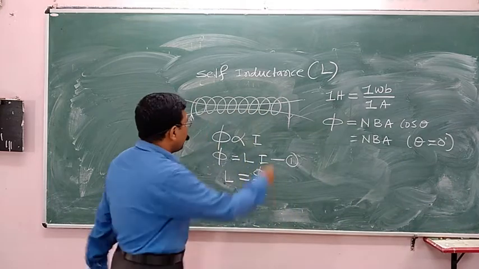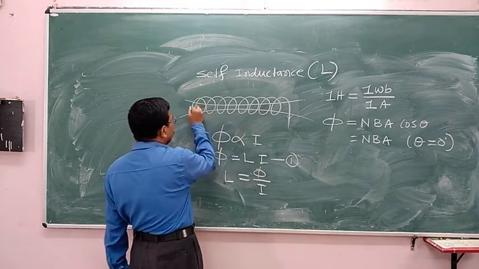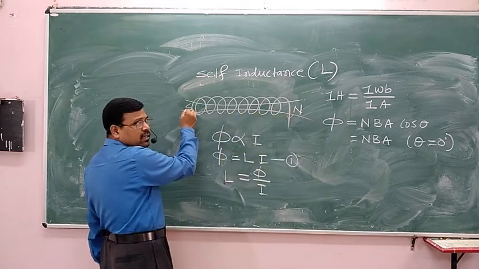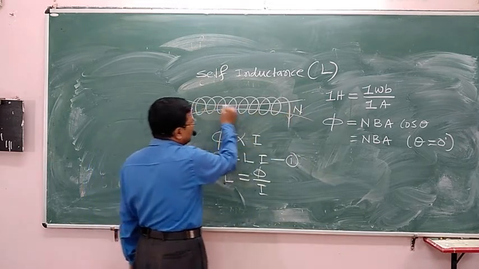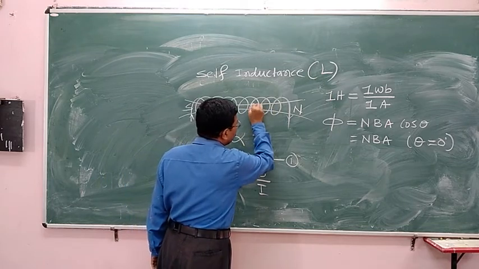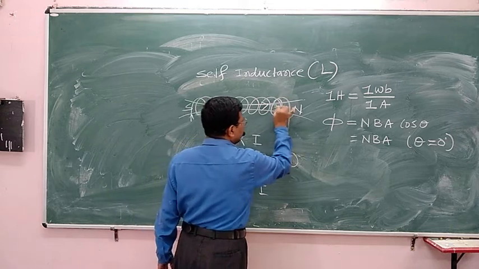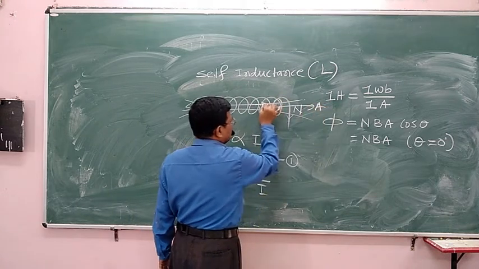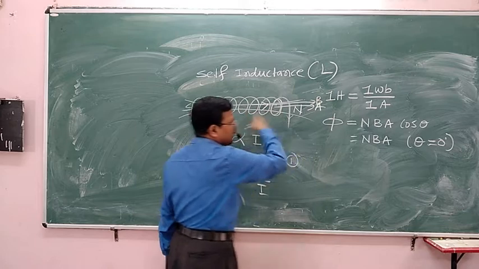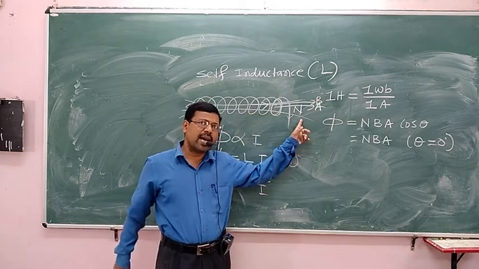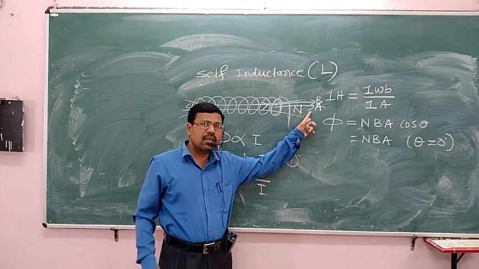Theta is the angle. Suppose this is the south pole and this is the north pole. Inside, the magnetic field always goes from south to north. This is the direction of the magnetic field, and the area vector is also the same. So the direction of magnetic field and the direction of area vector are the same, therefore the angle between B and A is 0.